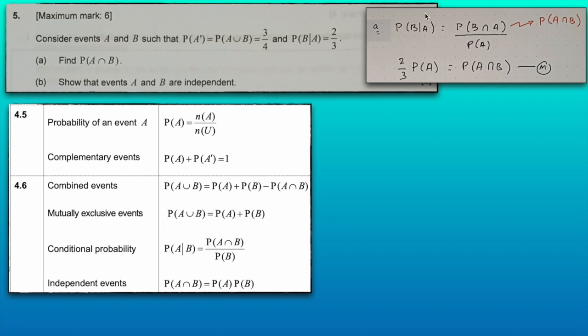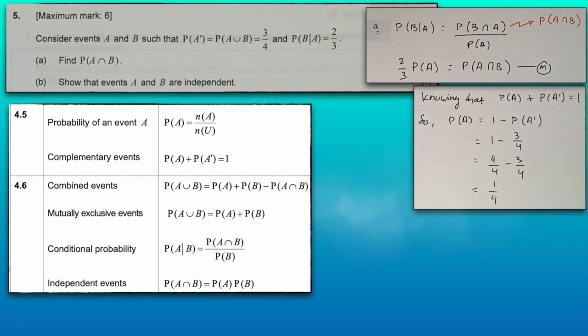We know probability of B given A is 2 over 3. So we rearrange this to become 2 over 3 times probability of A is equal to probability of A intersection B. Let's call this equation M.